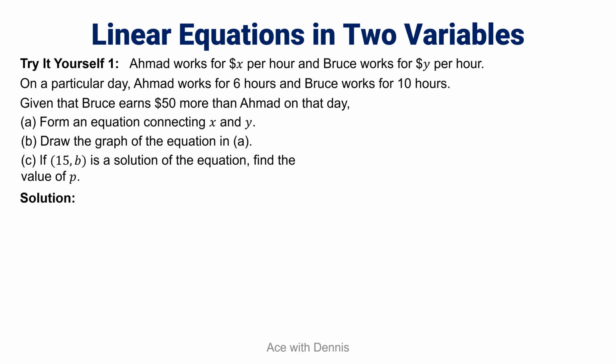So here's the solution. For A, to form the equation, let's read the question carefully. Ahmad works for 6 hours. So from here, we can write 6x, where x is the earning of Ahmad per hour. And Bruce works for 10 hours.